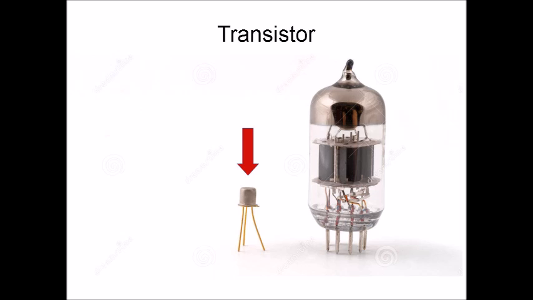This is a transistor. Notice that the size of the transistor is much smaller than a vacuum tube. That means you can pack a lot of transistors into a small area. As a result, the electronic circuits you can build can be a lot more complex using transistors. And that means your computer can be a lot faster with the complexity of the circuit.